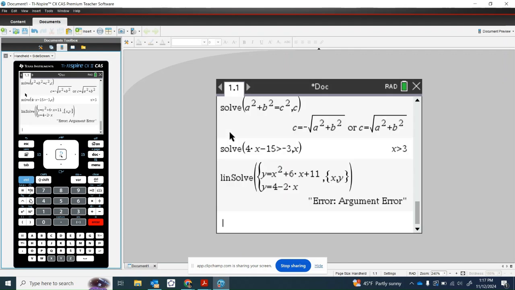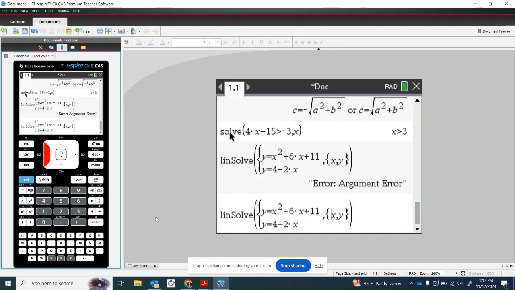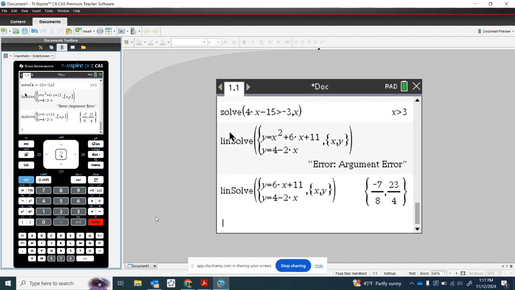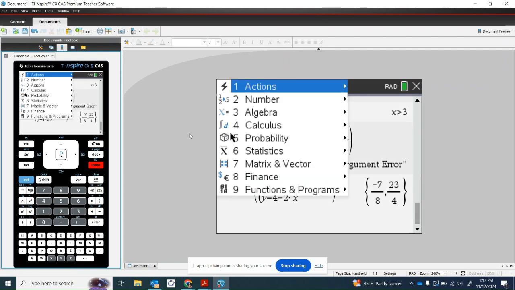Oh, it's not going to like me because it's not linear. So let's just change that. We won't make it x squared. We'll just make it x. 6x plus 11. Okay, and it'll give me my 2 answers. So it literally can only be x and y for linear solve. That was my fault. If I wanted to do a higher power, I would have to use the other one, just solve.